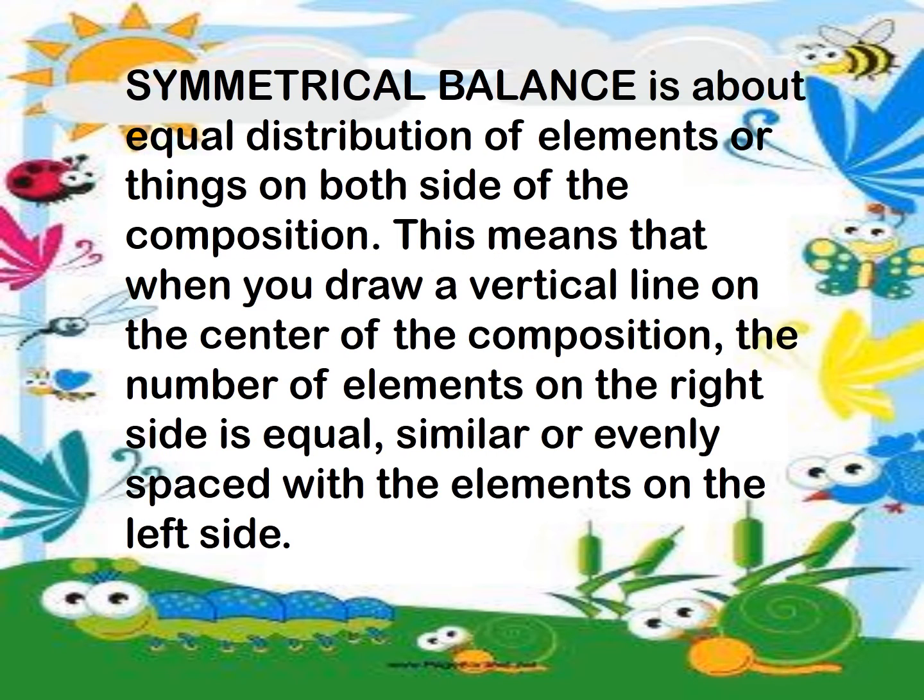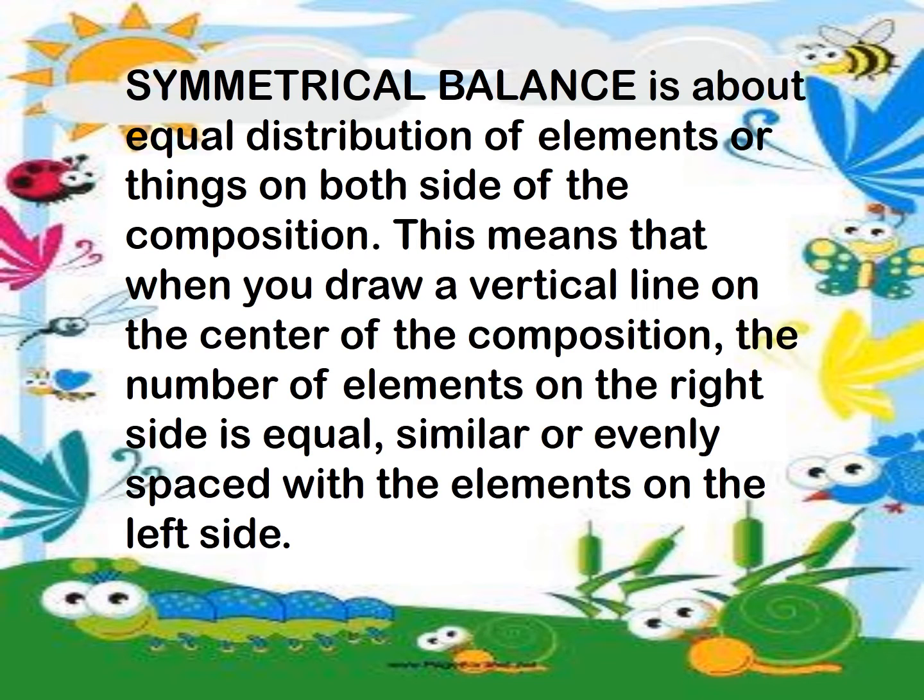Symmetrical balance is about equal distribution of elements or things on both sides of the composition. This means that when you draw a vertical line on the center of the composition, the number of elements in the right side is equal, similar, or evenly spaced with the elements in the left side.